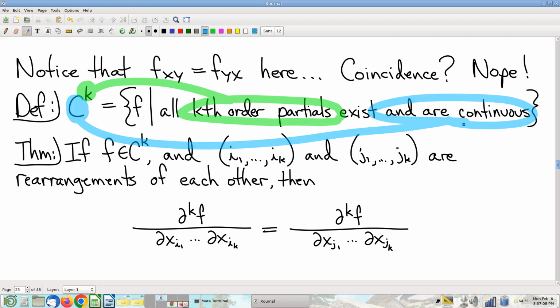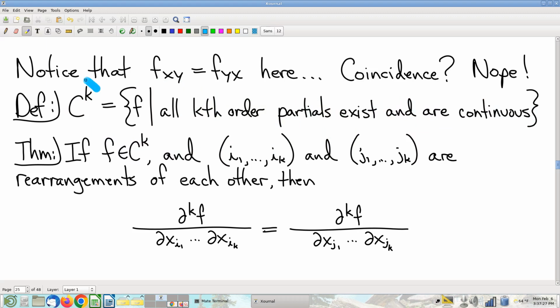So C^2, for example, the 2 being an indication that I need to include up to and including all the second order partials. And if it was a 3, it'd be all the third order partials, etc. And it does have to be all of them. So this is a very common vector space to talk about, C^k, a pretty standard thing in math.